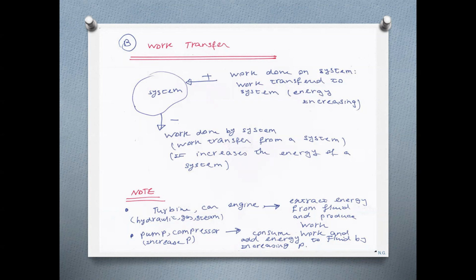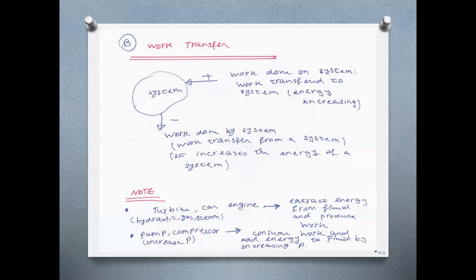Now we want to talk about work transfer into or out of the system. If work is done on the system, that work will be added to the system. If the system does work on the surrounding, that work is out of the system, and that can decrease the total energy of the system, right?